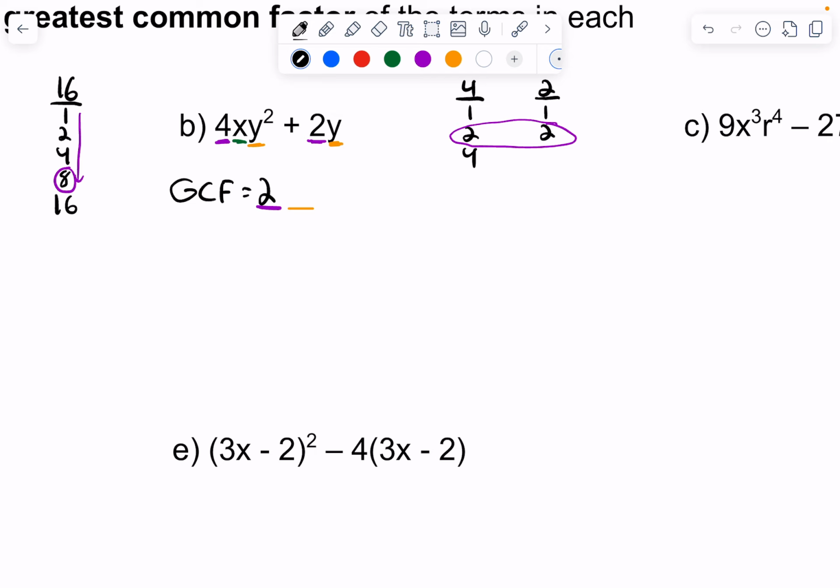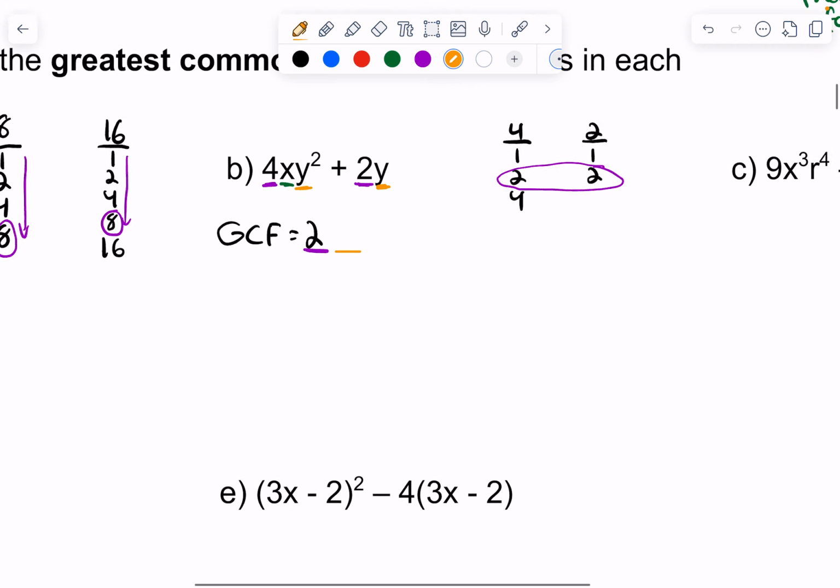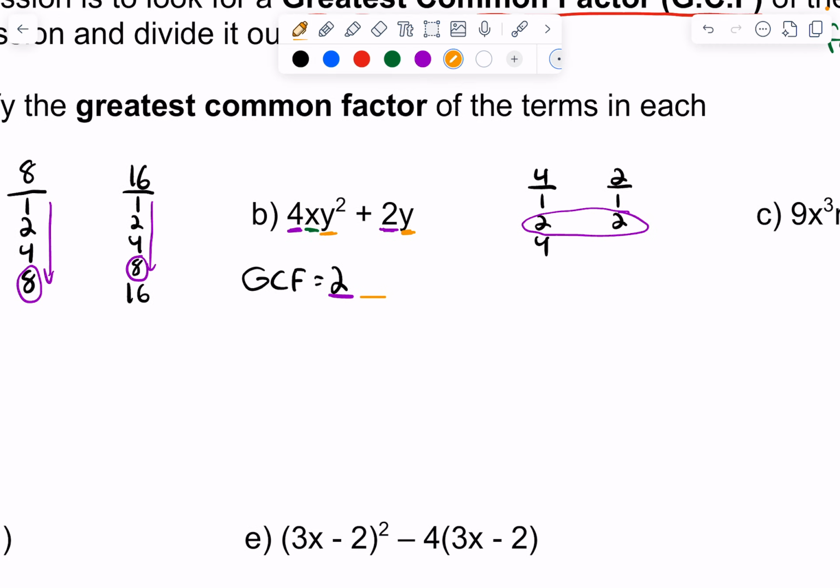How many y's? Let's look at the yellow. When you have y squared, that is really like saying y times y, correct? That means there are 2 y's, in layman's terms. Here, there's only 1.